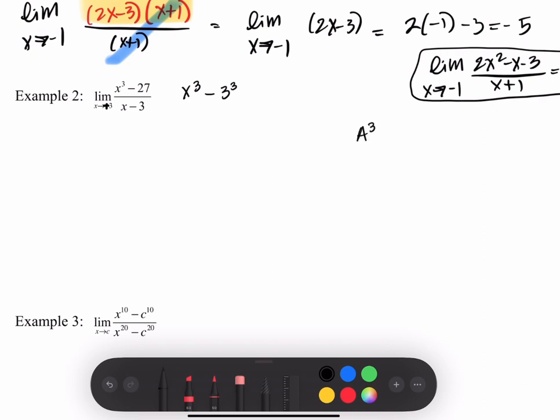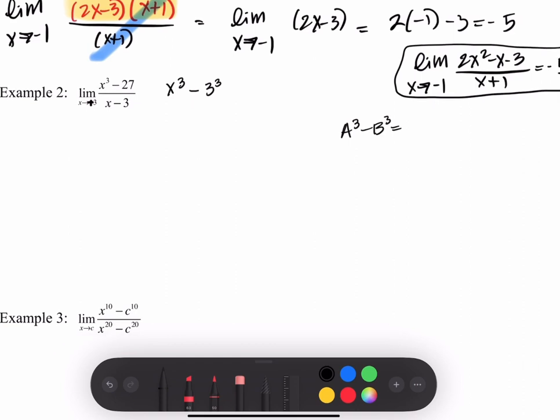The difference of cubes formula is a cubed minus b cubed. And that factors to become a minus b, times a squared, plus a times b, plus b squared. Okay, so in order to move forward, I need to evaluate what is a and b in my problem right now. Well, I can see that x is being cubed, right?